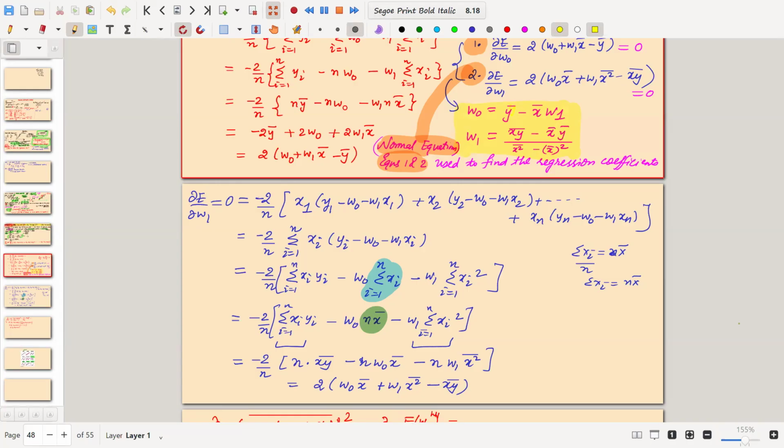But this might not be a very convenient form to evaluate the regression coefficients given a data set. So what we will do next is write these expressions in some other way. That should be our target today.